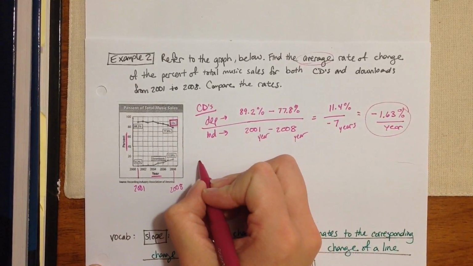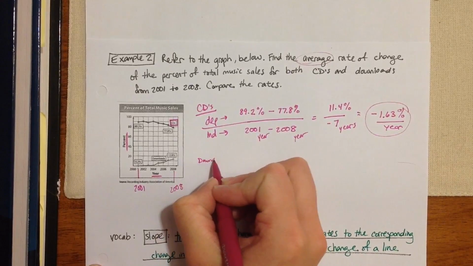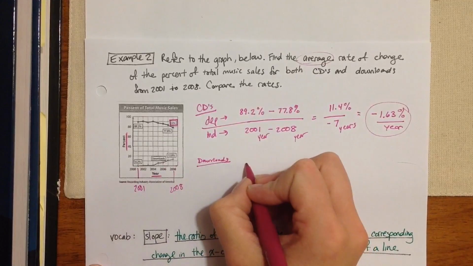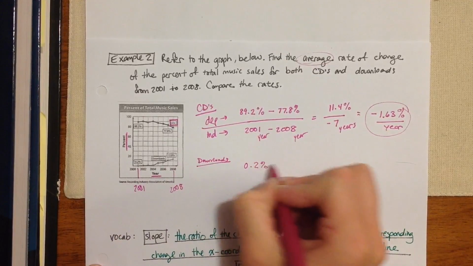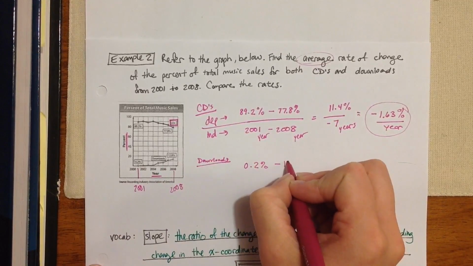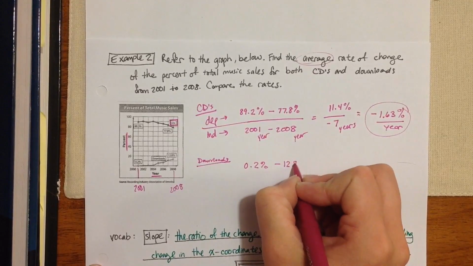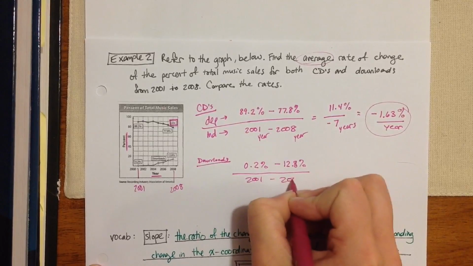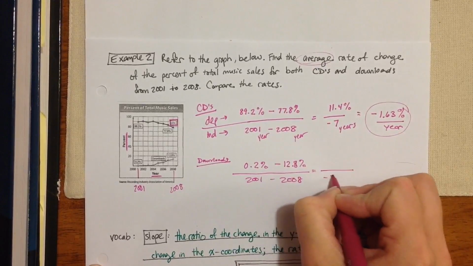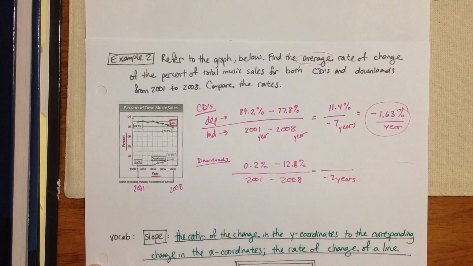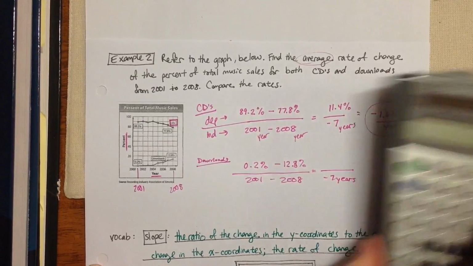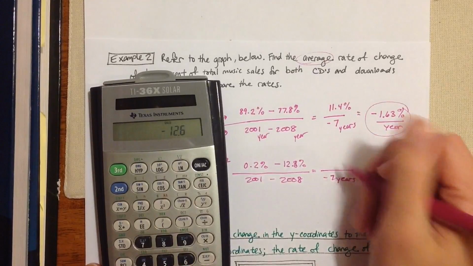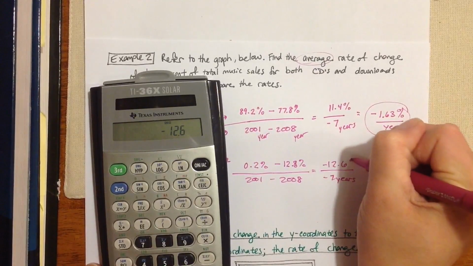Now let's take a look at the downloads. Again, my dependent variable is the percentage. I'm going from 0.2%, now I'm increasing, to 12.8%, all over 2001 minus 2008. That's still negative 7 years, well, 7 years have passed. And then 0.2 minus 12.8, I get negative 12.6%.